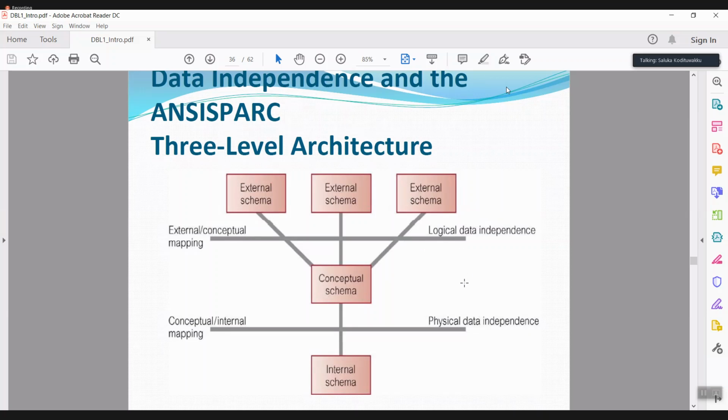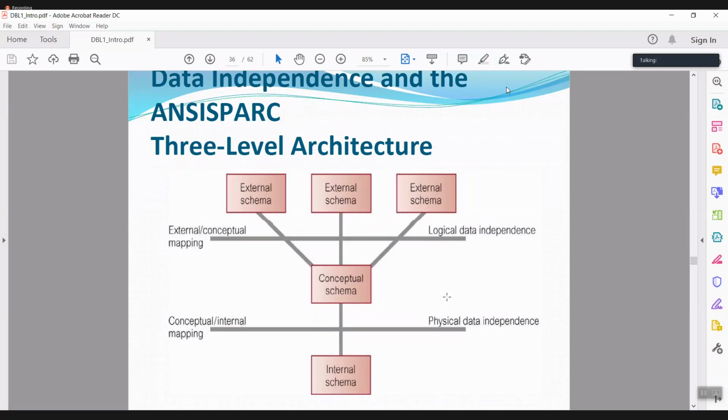But if we partition data independence into two, in the case of data independence in general, we do not talk about where the modification is made, whether it is to the conceptual schema or the physical storage. If our modification is only to the internal schema, then we say it is physical data independence. In other words, physical data independence means even if the internal schema is modified, application programs can access the database without modification.